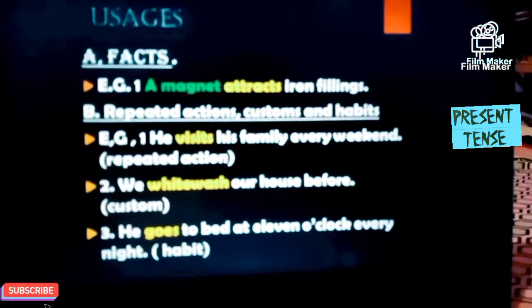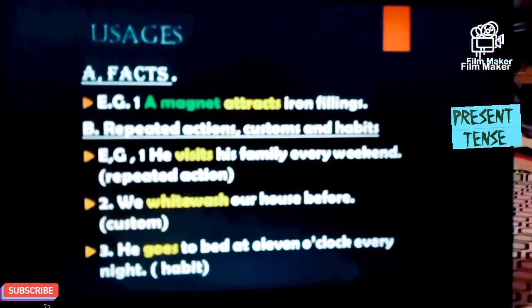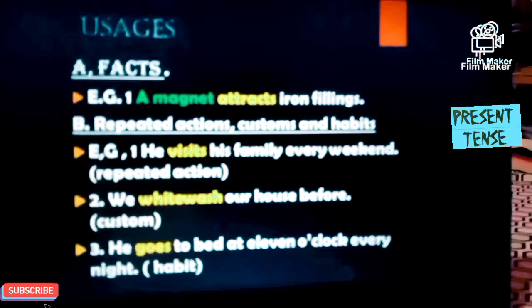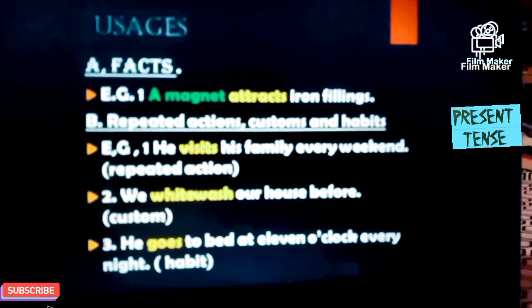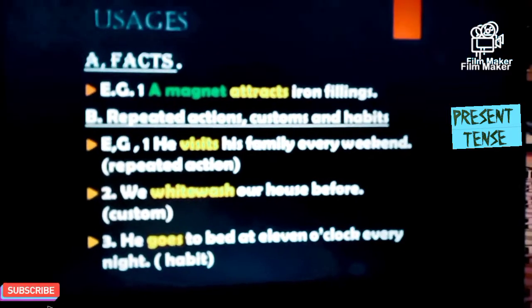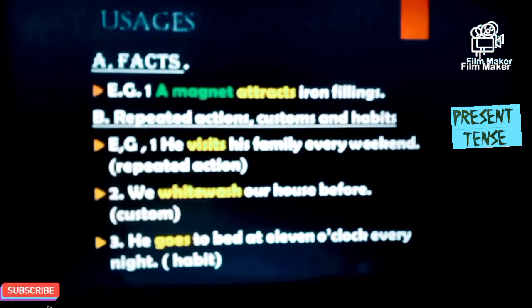You can correlate these with the usages of the simple present tense. A magnet attracts iron filings. Magnet is a singular subject, so it takes attracts, s or es added to the main form of the verb.